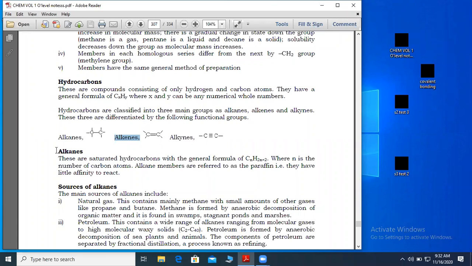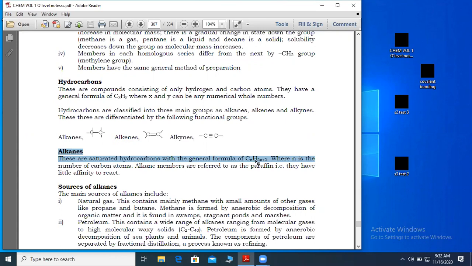So from the definition of hydrocarbons, we go to alkanes as the first class of hydrocarbons. What are alkanes? We define them as saturated hydrocarbons with the general formula CnH2n+2.